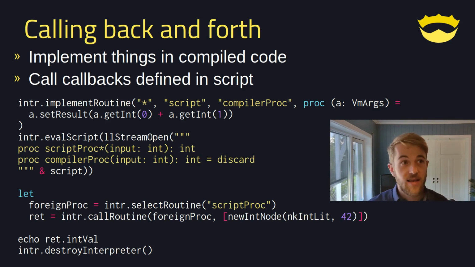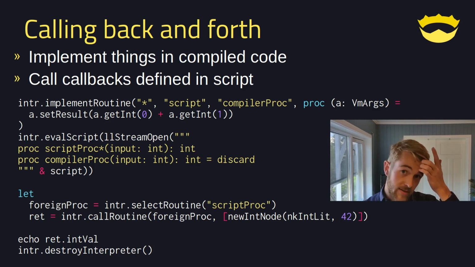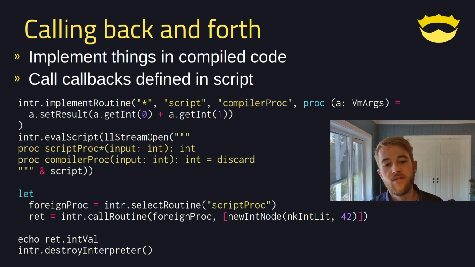Another thing, as I said, we have callbacks, but we can also implement things in our compiled code, so that our script can call functions that we have implemented in our compiler.